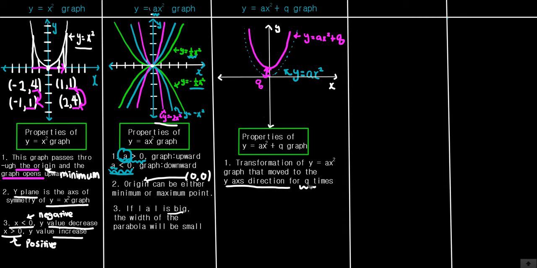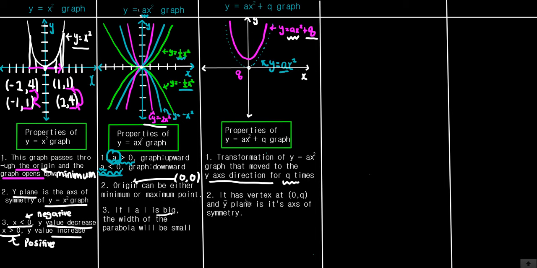And q is a number which can be negative or positive. If it is positive, the graph goes upward, and if it's negative, it goes down.